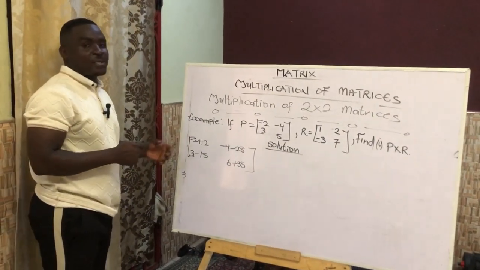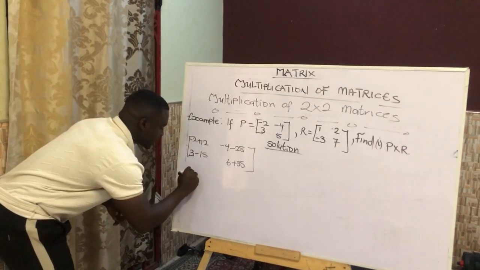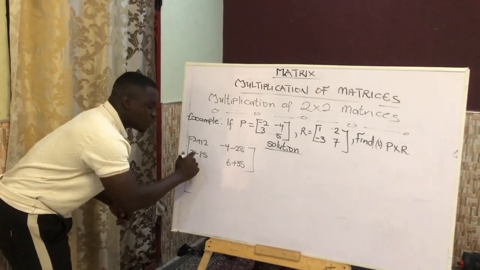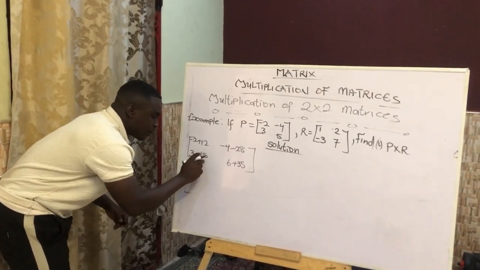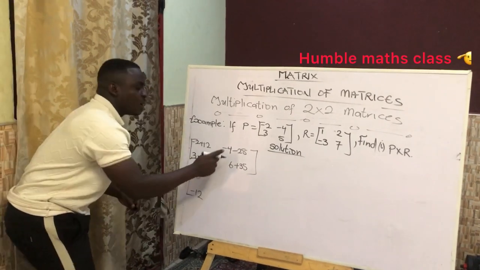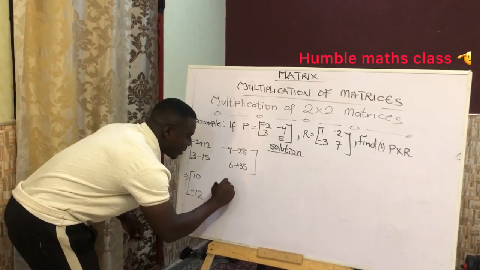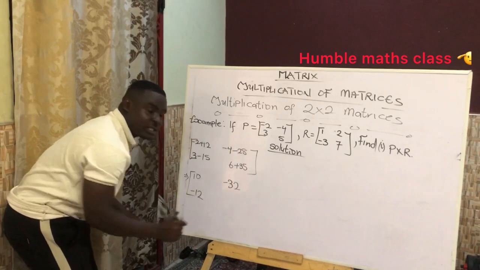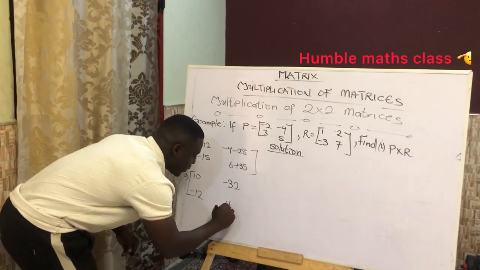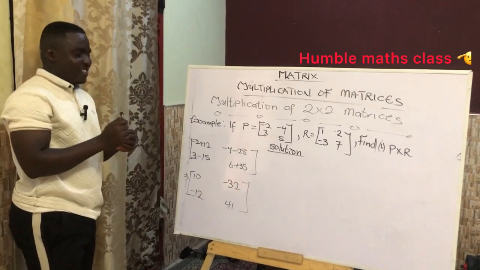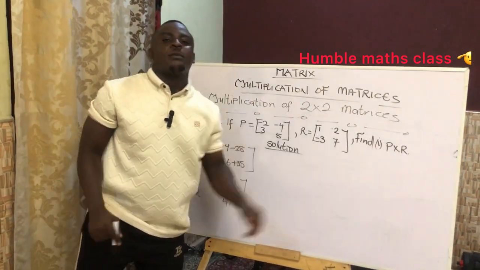So when you further simplify this, you're going to get minus 2 plus 12 gives you 10. 3 minus 15 gives you minus 12. This gives you minus 32. And this gives you what? 41. So this is the answer when you multiply P by R.